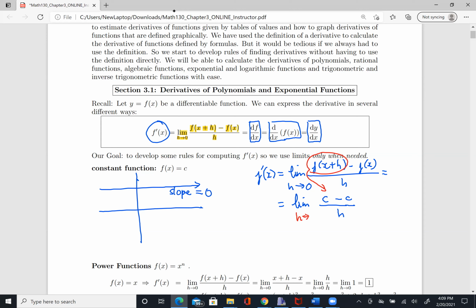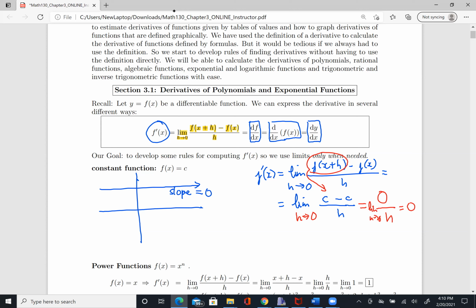Then the top becomes 0, divided by h at the bottom, so the limit is just going to be equal to 0, right?